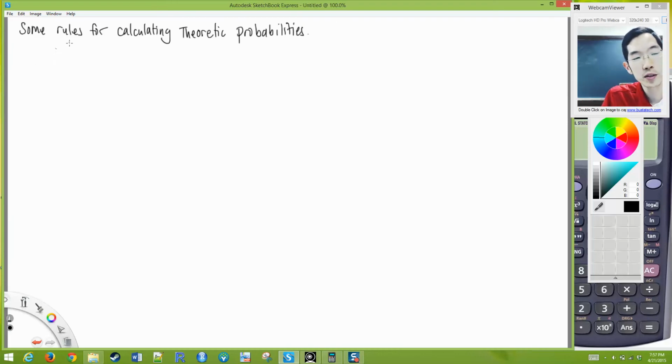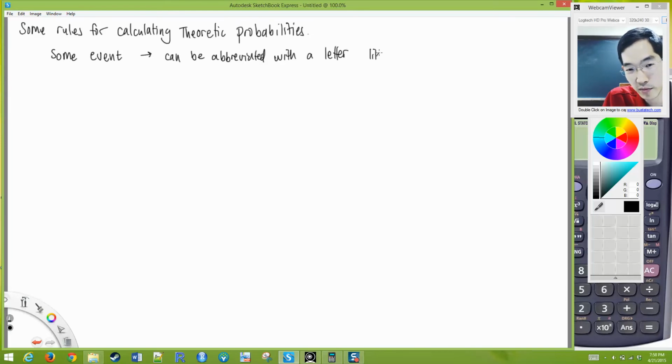First of all, when we talk about events, we have some event, and we might abbreviate the event with a letter, like A. So we can say A is the event, and then we talk about the probability of the event.